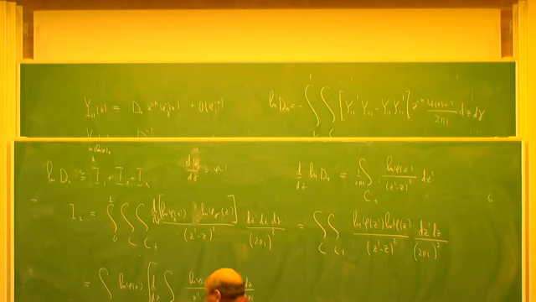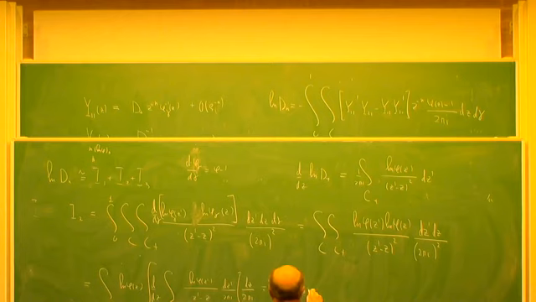Now, z prime is bigger than z by absolute value. So if I factor it out and replace this denominator by a geometric progression, then I will get this thing.